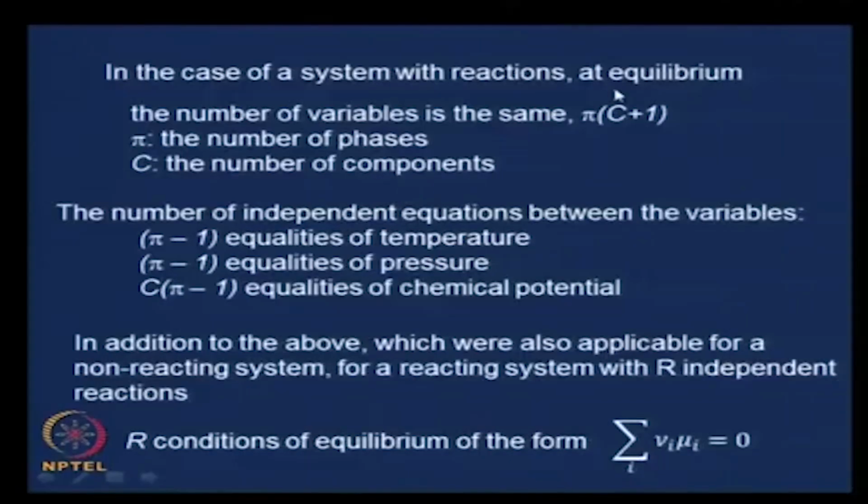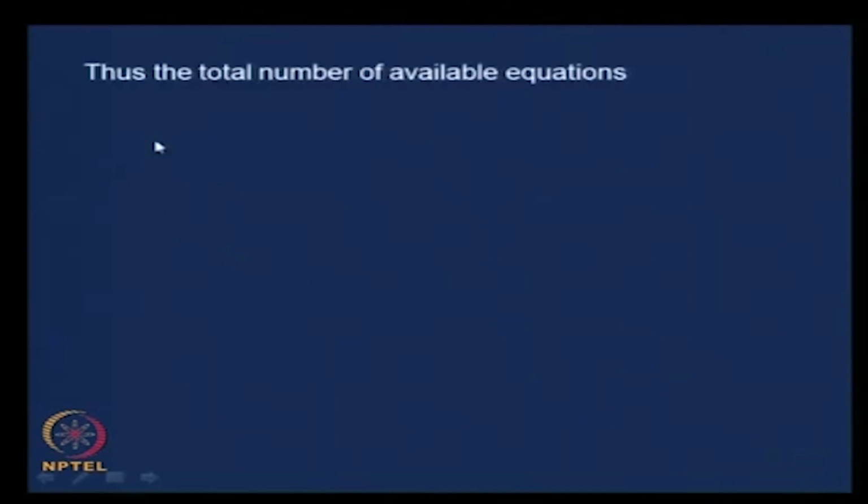So, we all know the background: the number of variables in the reacting system at equilibrium, and the number of independent equations between the variables, all this is the same as in the case of the system without reactions. The only additional thing is that these are conditions of equilibrium of the form sum over i of nu i mu i equals 0. So, how did we go about deriving the phase rule earlier?